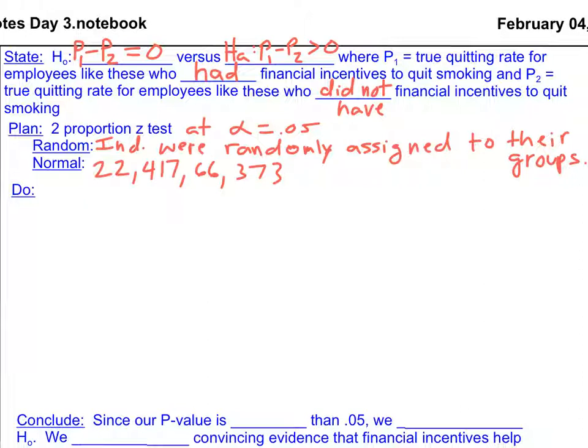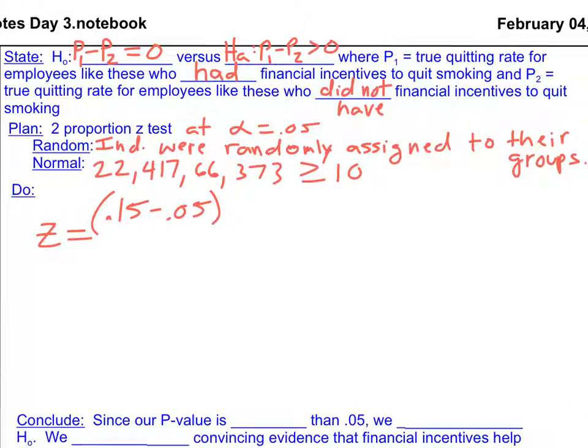Okay, those are all at least 10. Go hit a z-score here. So those numbers, again, I didn't have the context included, but both sample sizes are the same. They're 439. They're both groups.